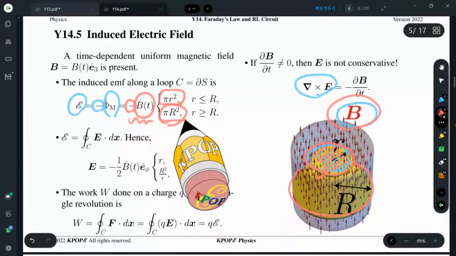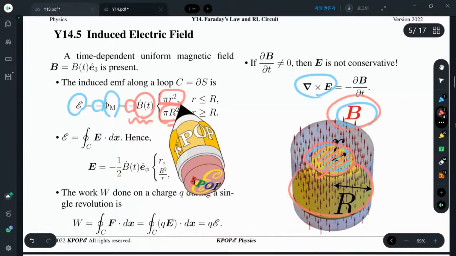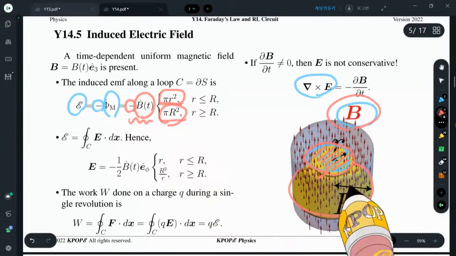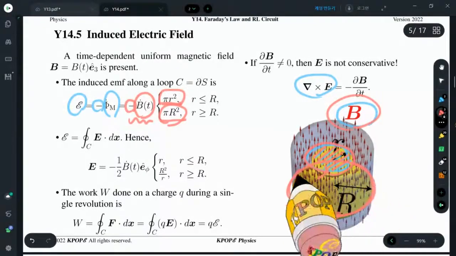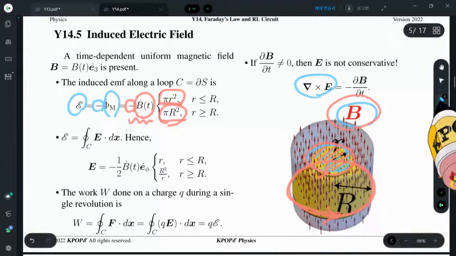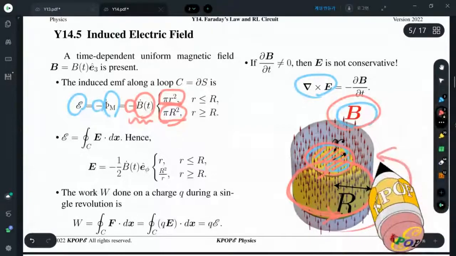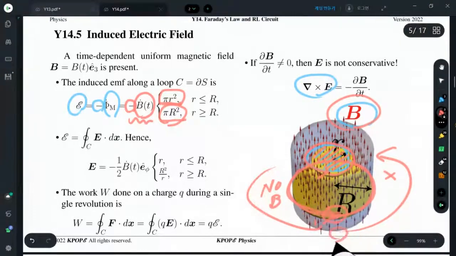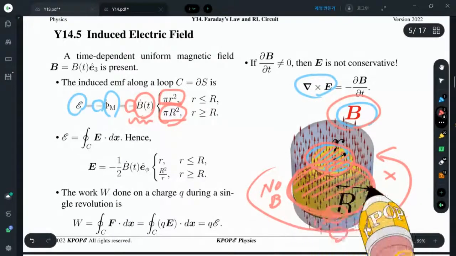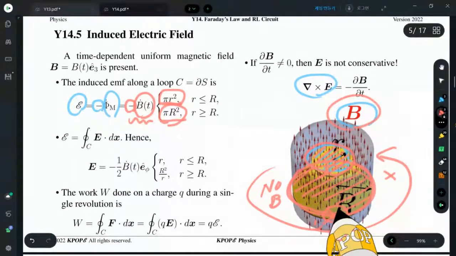This one is bigger, this one is smaller. So the potential difference around the turn should be greater for this one. But if you are outside, because there is no B, this one and this one should have the same amount, because the magnetic flux is isolated in this region.